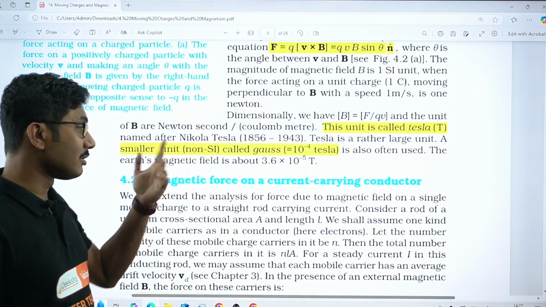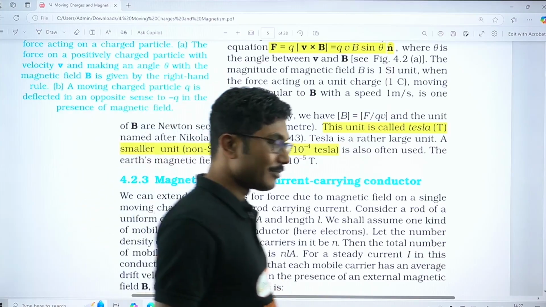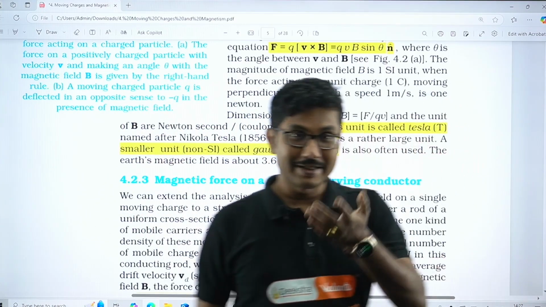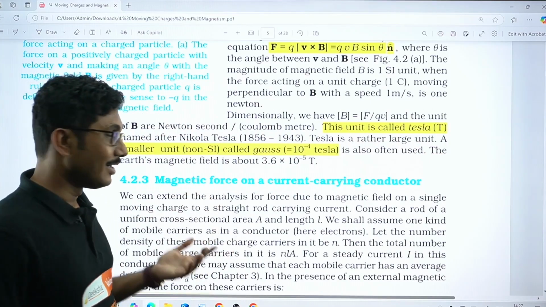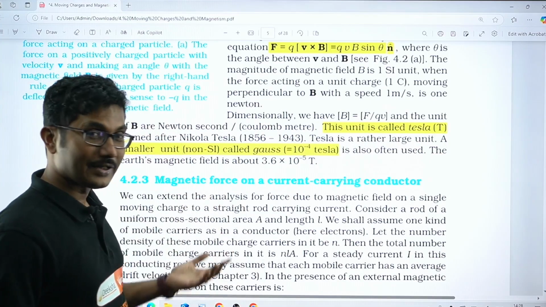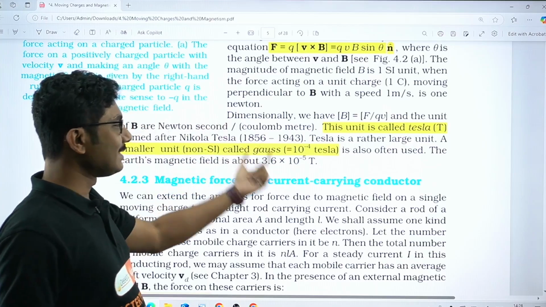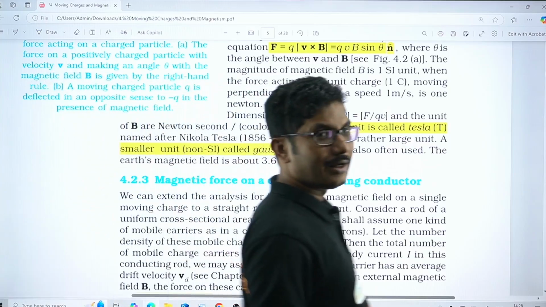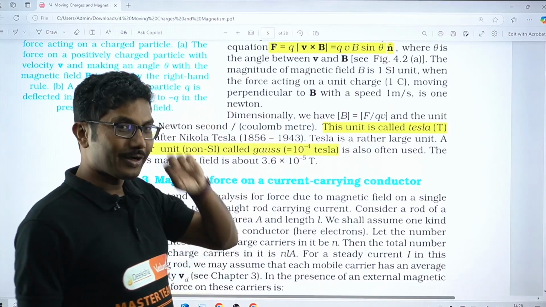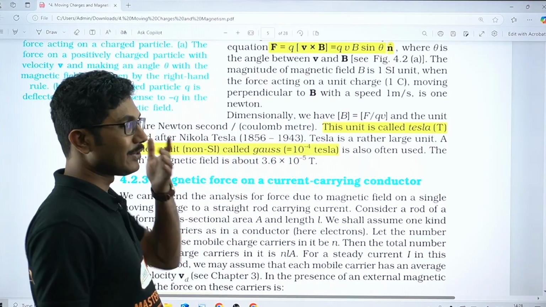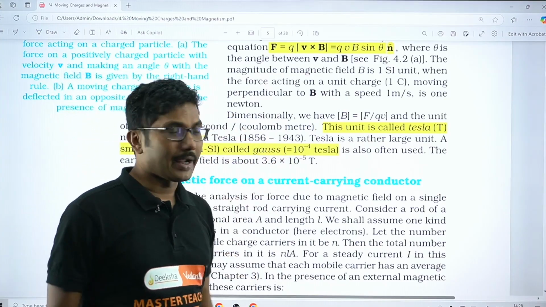Gauss is also, you know, Gauss's theorem, you have learned about Gauss, right? So Gauss is also a scientist, Tesla is also a scientist, and they have different uses of their theorems. Gauss is another tribute to a famous scientist. That's why it is said Gauss is a non-SI unit. Basically it's a CGS kind of unit, and 1 Gauss equals 10 to the power of minus 4 Tesla.